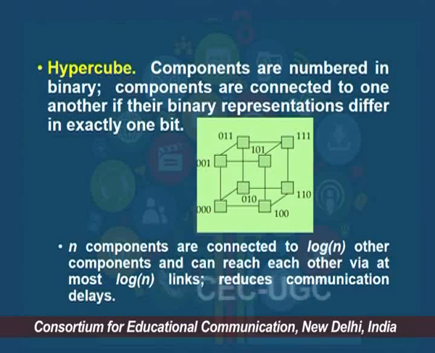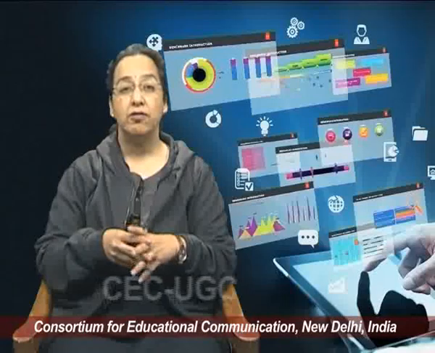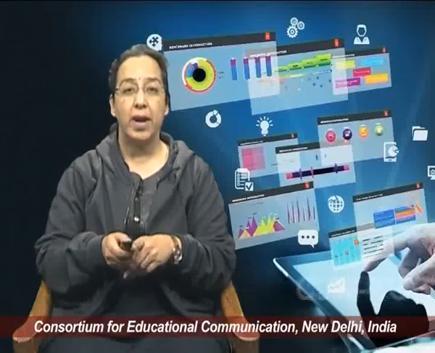So for example, there is a direct link between 000 and 010 because there is just a difference of 1 bit. Then there is a connection between 000 and 001, again a difference of just 1 bit, and so on and so forth. So the components are connected to one another if their binary representations differ in exactly 1 bit.